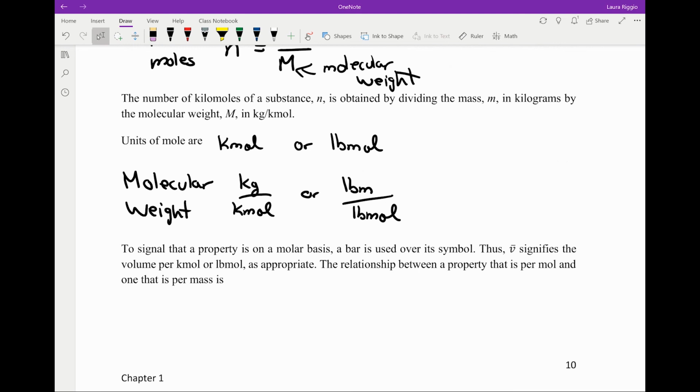So for example, V bar is our specific volume on a per mole basis. So this bar means per mole. So our specific volume on a per mole basis is our molecular weight times our specific volume on a mass base, on a per mass basis.